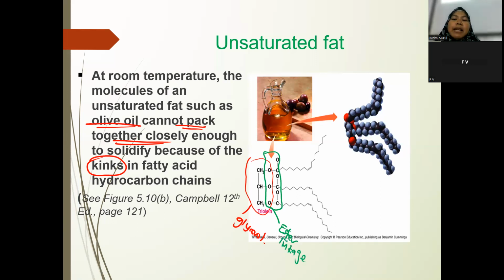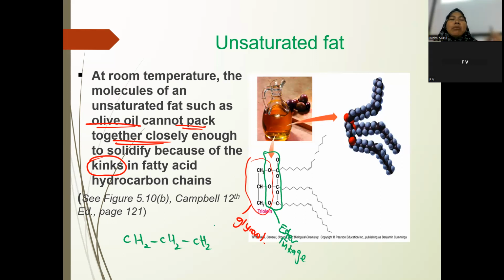Okay. So mana fatty acid? Yang zigzag tu semua adalah fatty acid chain. Okay. Mungkin yang apa tak pernah ambil chemistry mungkin you keliru. Madam, kenapa dia zigzag? Sebenarnya dia adalah singkatan untuk CH2 sambung CH2 sambung CH2 yang sangat panjang.